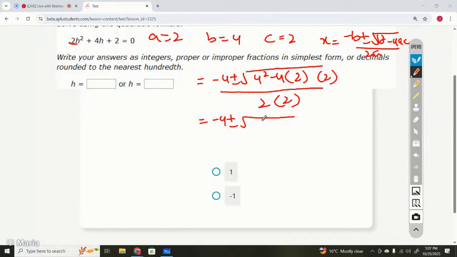Negative 4, that is 4 square minus 4 times 2 is 8 and 8 times 2 is 16, divided by 4. So 16 minus 16 is 0. We are left with negative 4 over 4, right? So x equals negative 1.